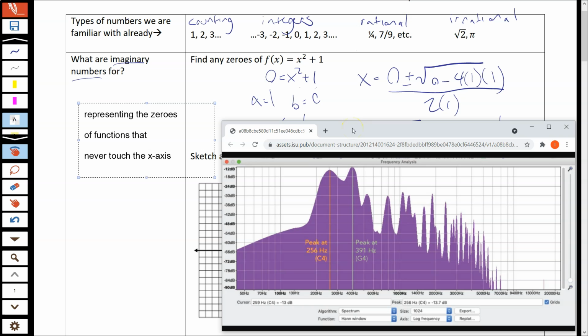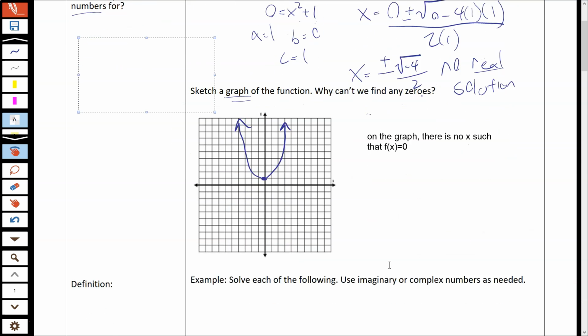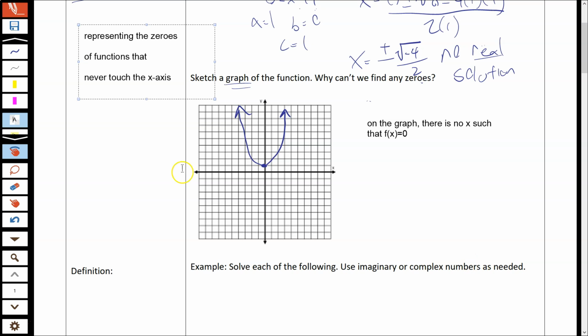If you study signals in college or electrical engineering, this idea is going to come back up. Unfortunately, it's a little too hard for us to tackle in this class. For now, we're just going to concern ourselves with the basic moves of dealing with these imaginary numbers.